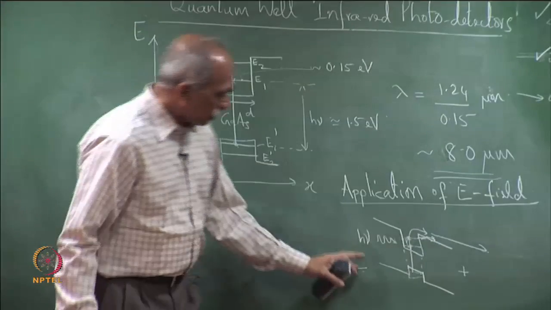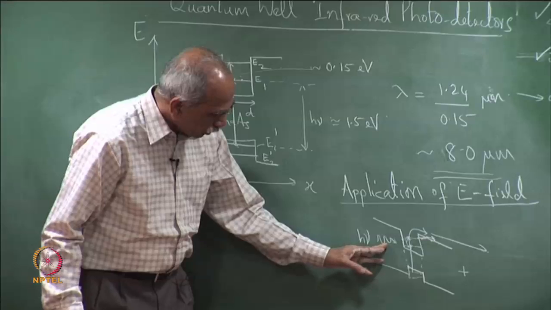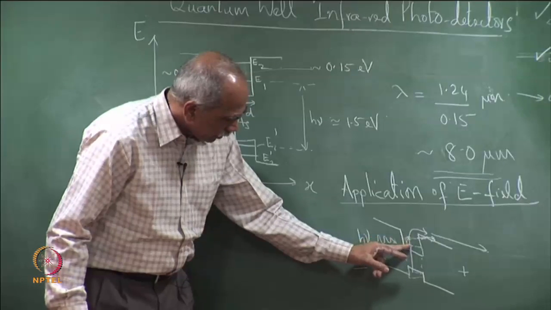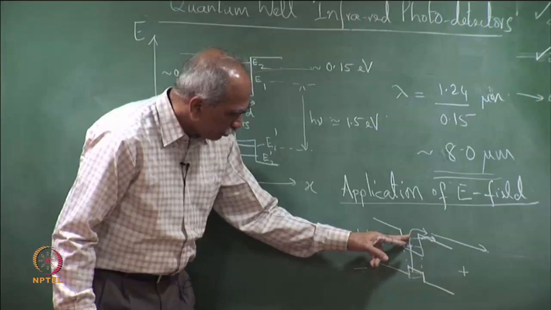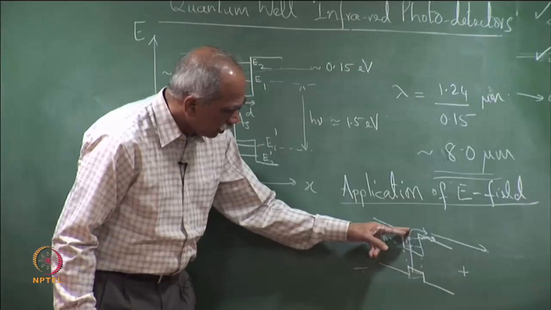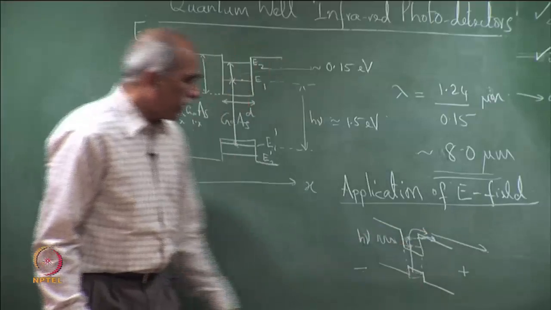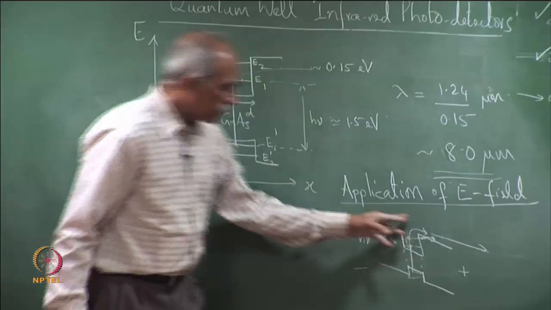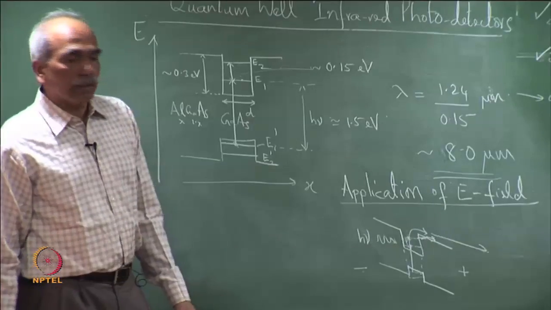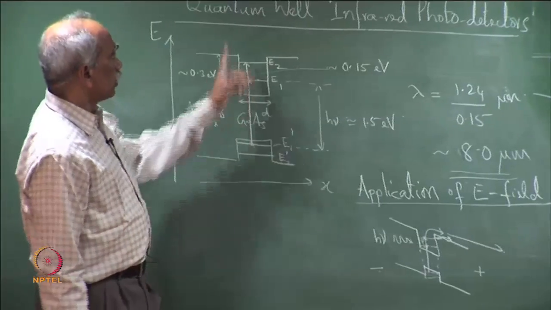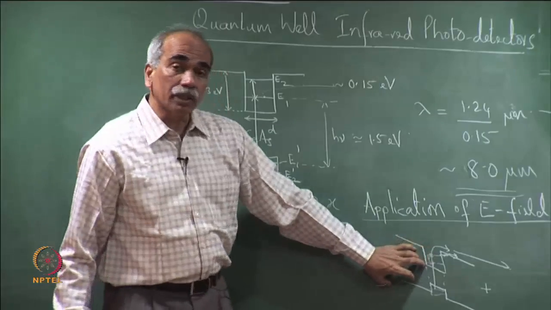So, the basic mechanism is this: an incident photon creates an inter subband transition, the electron which has moved to the excited level is ejected or moves over the barrier and is collected, which contributes to the photocurrent in the external circuit. So, the quantum well infrared photodetectors are based on this principle.